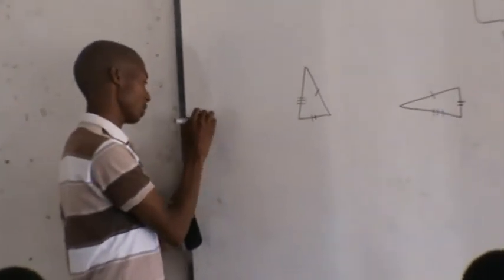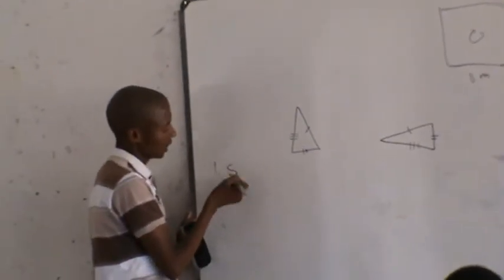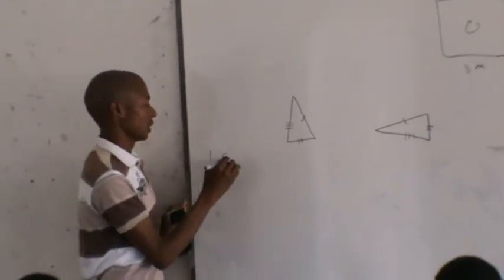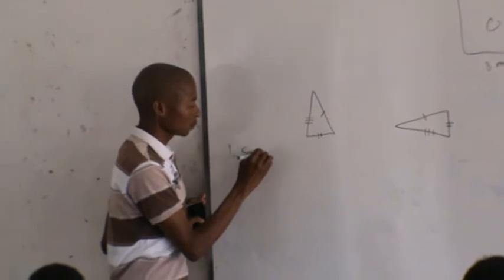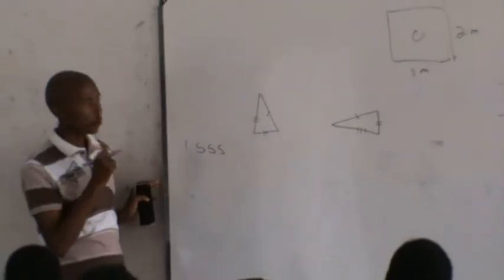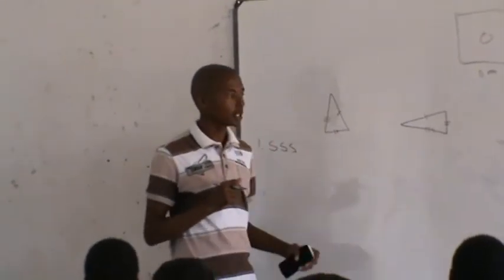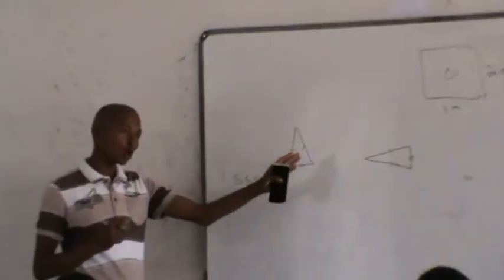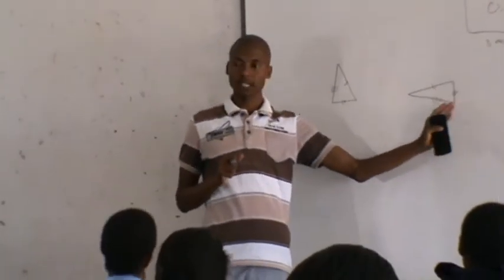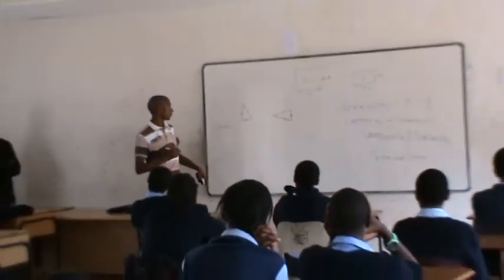So the criteria or the postulate that we are going to use, we say side. Let me just denote the side by the letter S. So this is the first postulate. If we are given two triangles, triangle A and triangle B, you just check if all the corresponding sides of triangle A are equal to those in triangle B. Is this example clear? Okay.